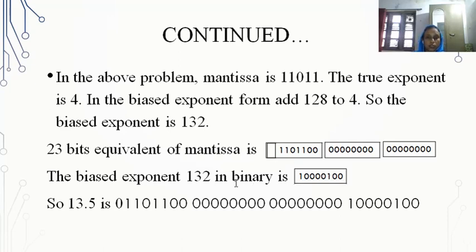So altogether, 13.5 is represented in a 32-bit microcomputer or processor as 0, 11011, then zeros up to 23 bits, then 10000100.